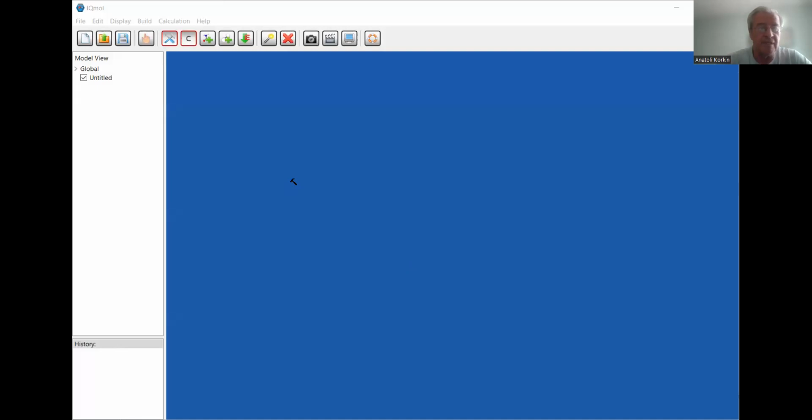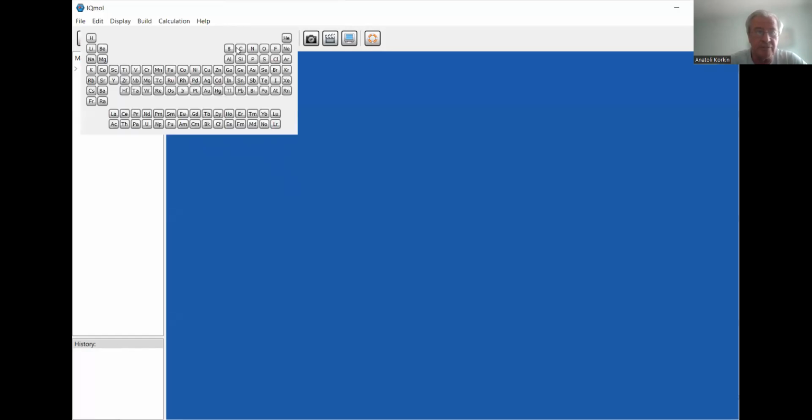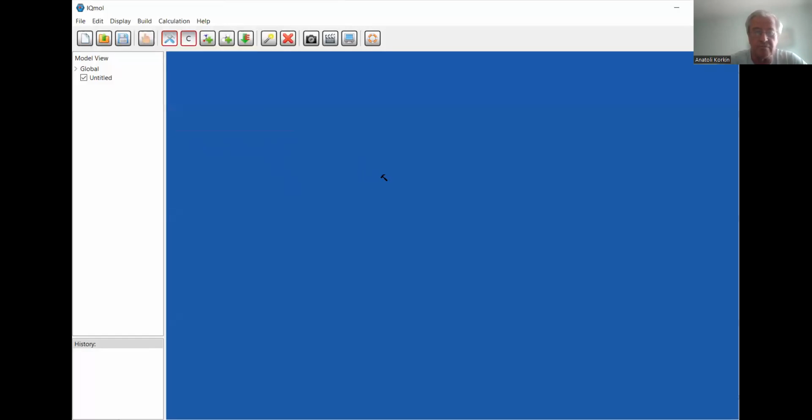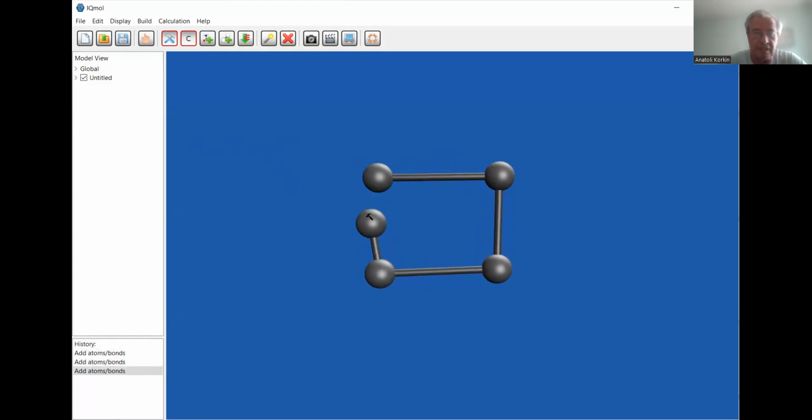So let me just share the screen and open IQmol. First, I'll show you how I build the systems, which is a relatively simple process. Building cyclobutene is creating the 4-member ring.